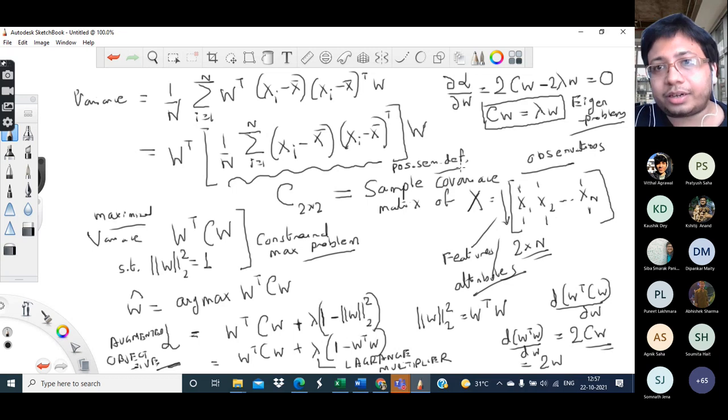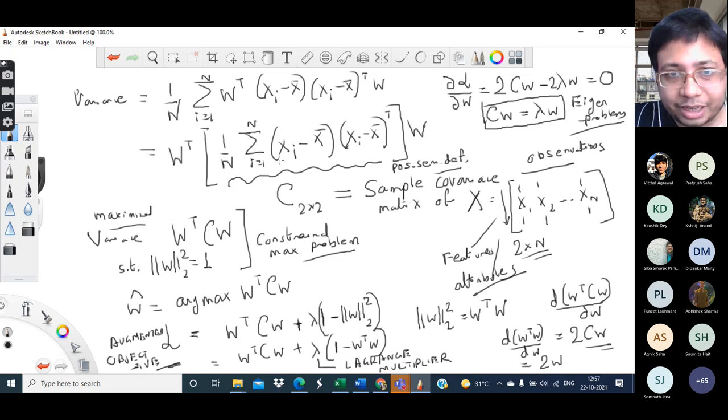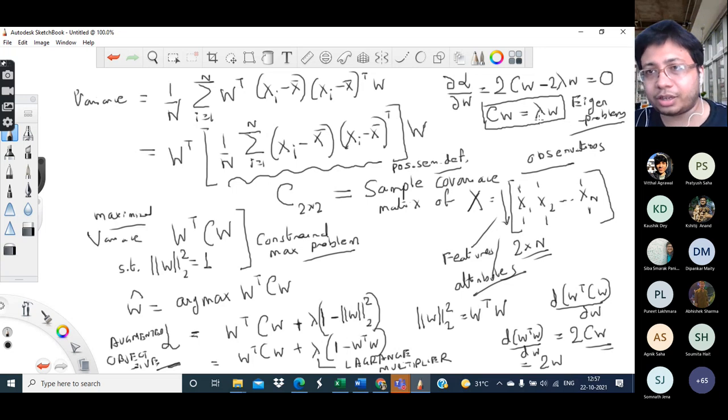So yes, it can be eigen decomposed. But now the question is, C is a 2 cross 2 matrix, so it will have 2 eigenvalues and 2 eigenvectors. In general, if instead of 2 I consider d-dimensional vectors, this C will be a d cross d matrix. So out of so many eigenvalues and eigenvectors, which is the one which I should choose?